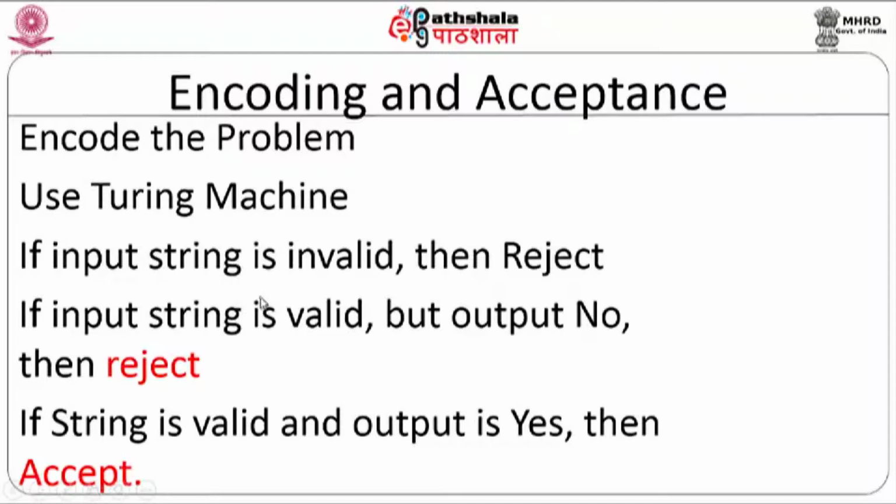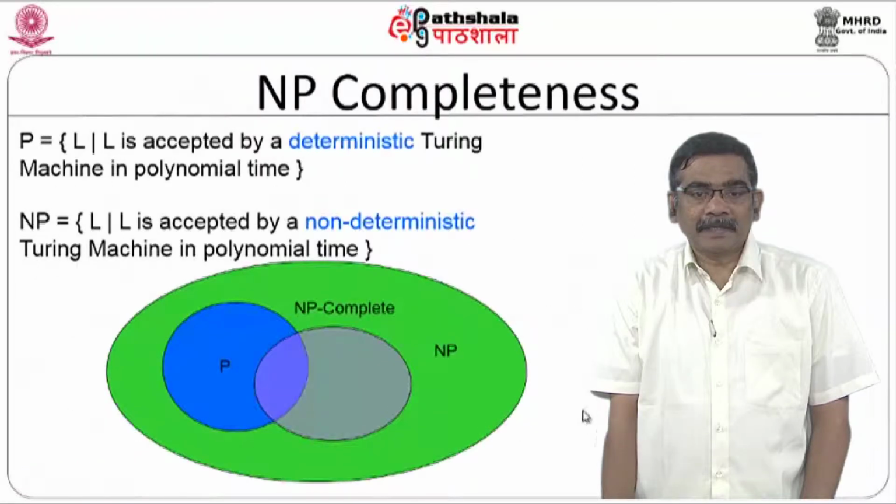If the string is valid, but the output is no, then again we are going to reject the solution. On the other hand, if the string is valid and the output is yes, then we are going to accept it. In other words, the problem is solvable by the Turing machine.